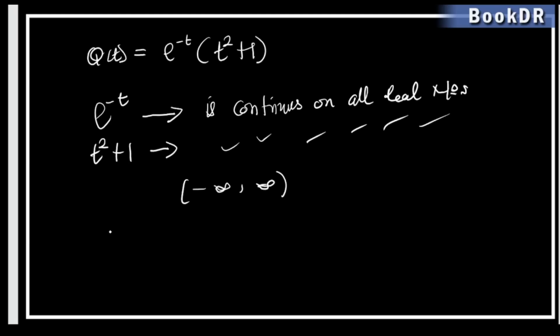Let's now move to the function p of t. p of t is defined as minus t over t squared minus 1. This function is a rational function.